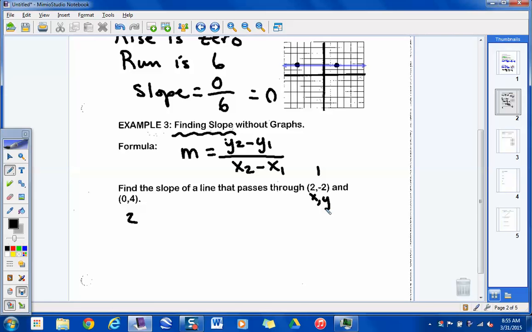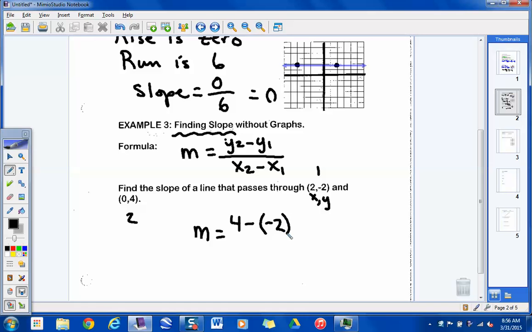4. So in this example, to find a slope between 2 points, when you're not given a graph, simply plug in numbers. Second point, y value, what is it? 4. Minus, this says go to the first point. Plug in the y value. First point, y value, what is it? -2. So 4 minus -2.